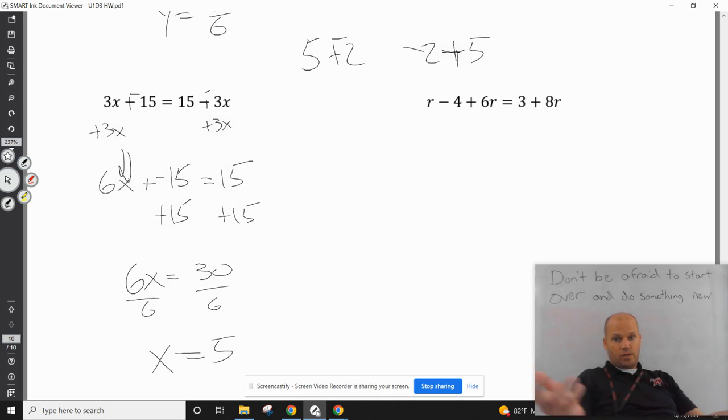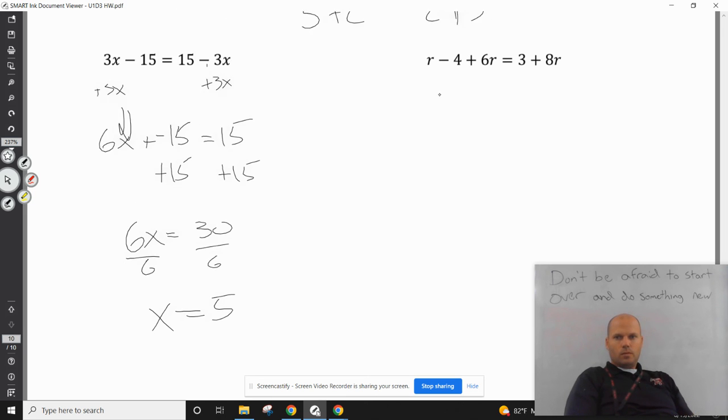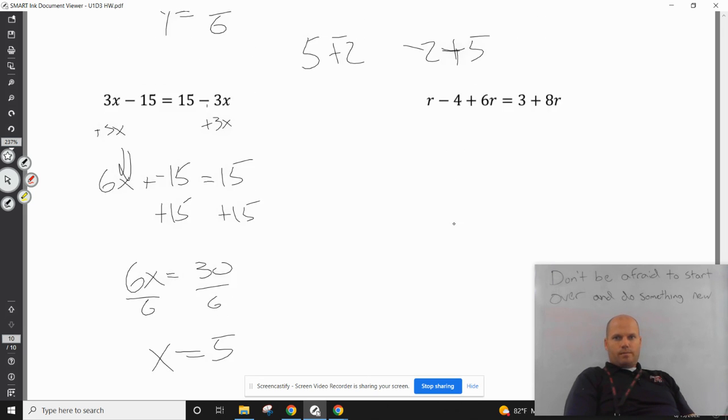You get 0 equals 0 when you plug in 5. Last one. Same side combine. Let's remove them from here so that they're positive.